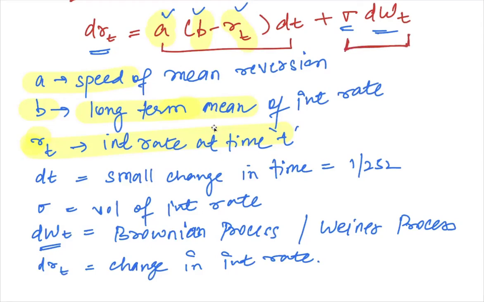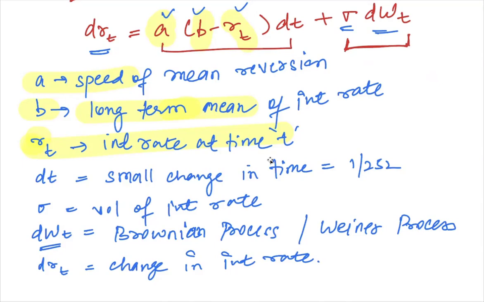Okay. So just to make you all understand, the first part, which is A times (B minus RT) dt, is called the deterministic part, and the second part, sigma times dWt, is what we call the stochastic part.